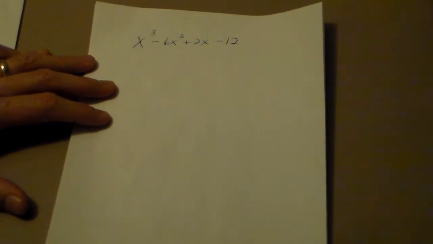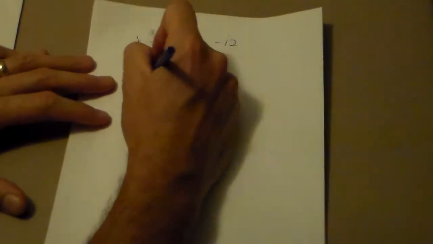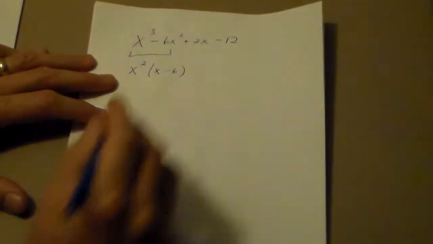Give it a shot, guys. Pause the video. All right, so the GCF of the first two is x squared. What are you left with? X minus 6.